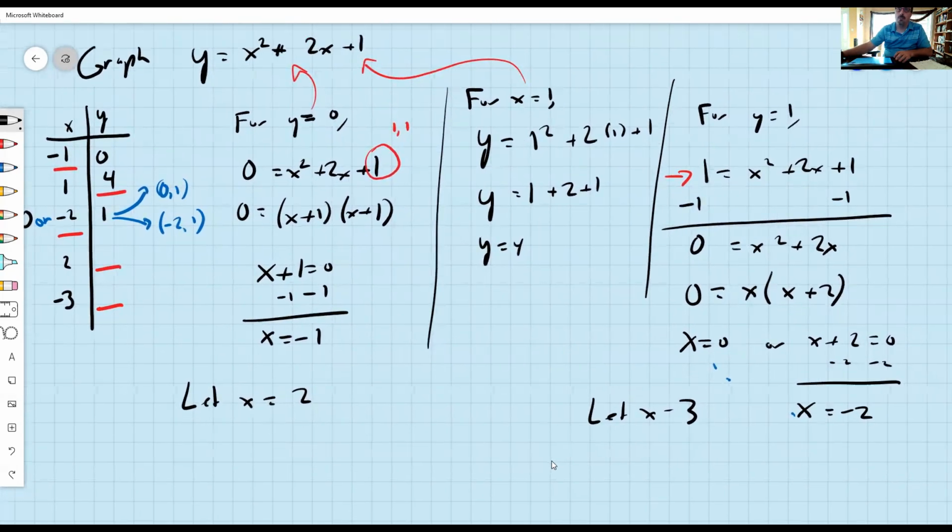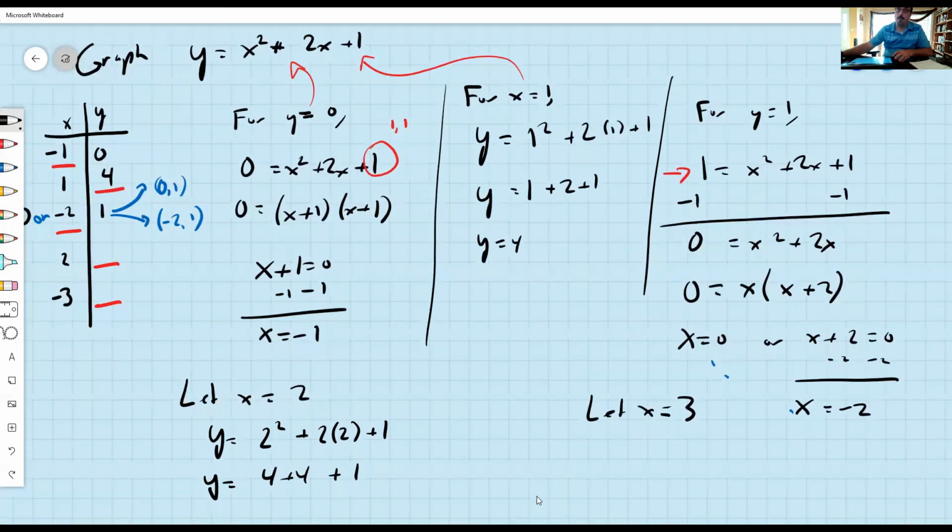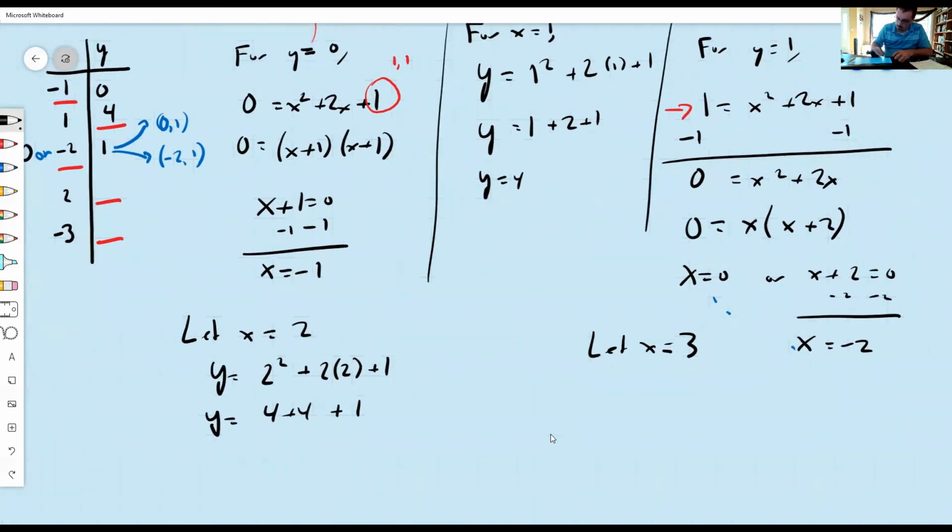And my equation, y equals 2 squared plus 2 times 2 plus 1. 4 plus 4 plus 1. y equals 9.